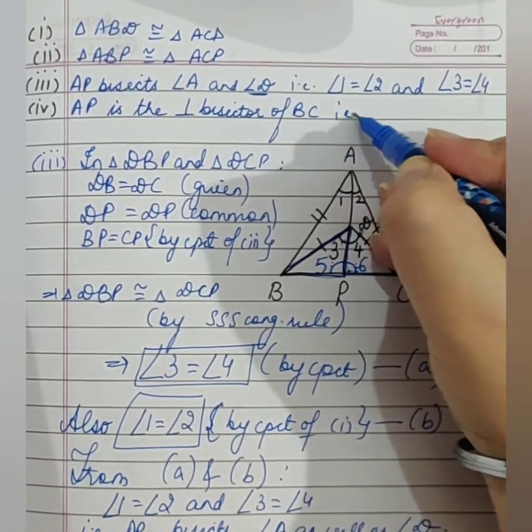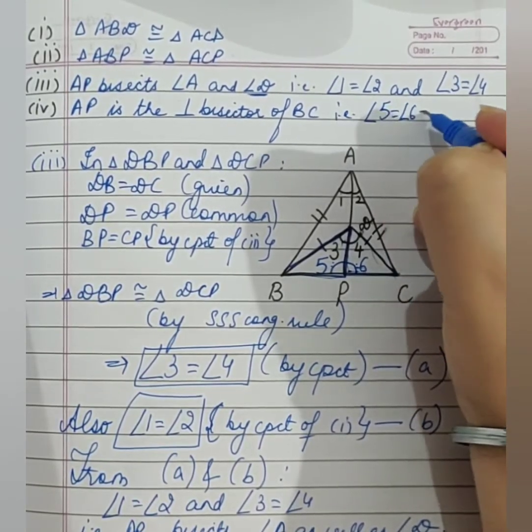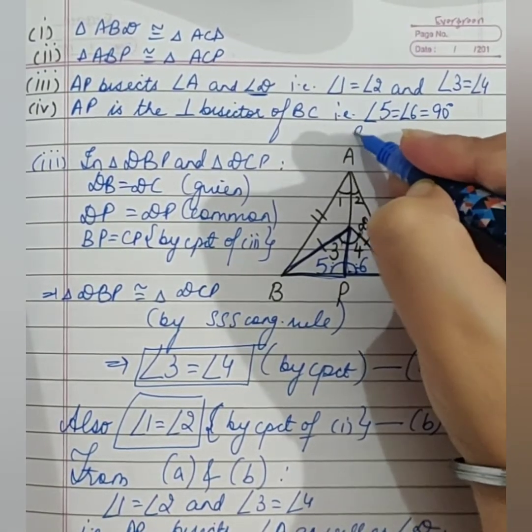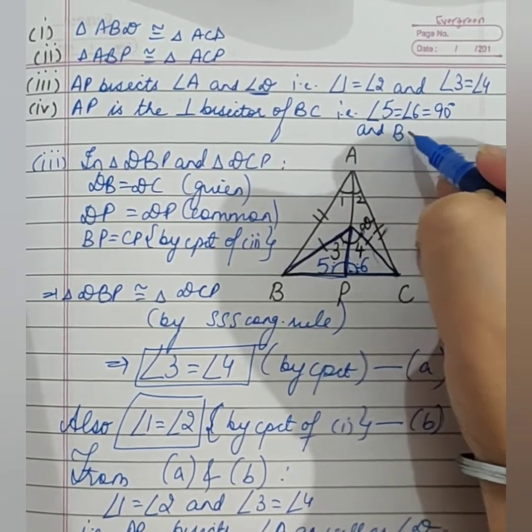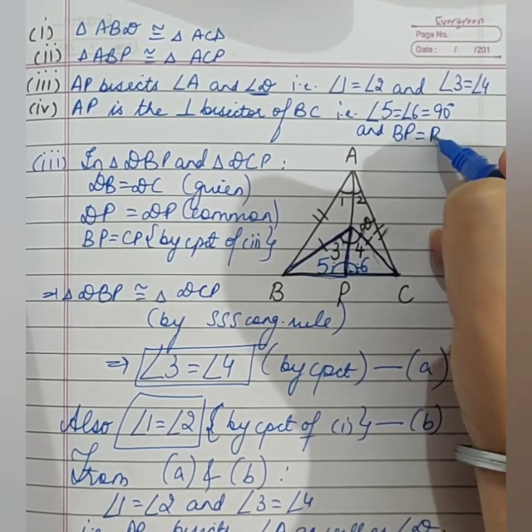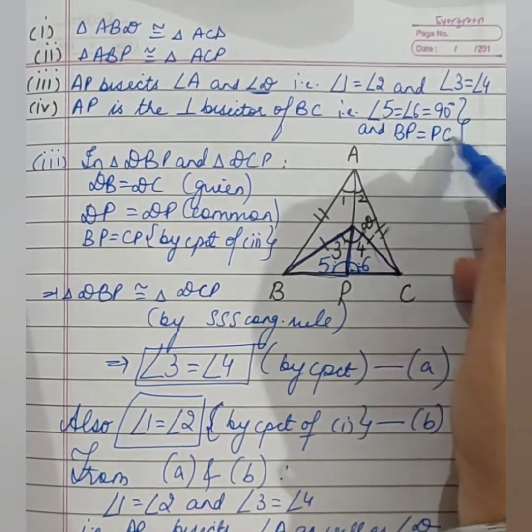That means we are supposed to prove angle 5 is equal to angle 6 is equal to 90 degrees, and this means perpendicular condition, and bisector condition means BC is getting divided into two equal parts. That means BP is equal to PC. We need to prove these two things.